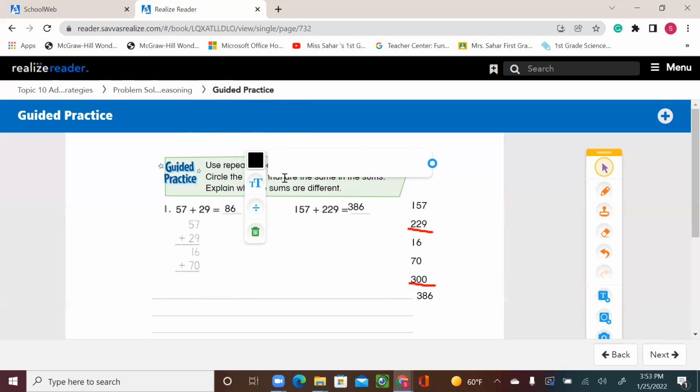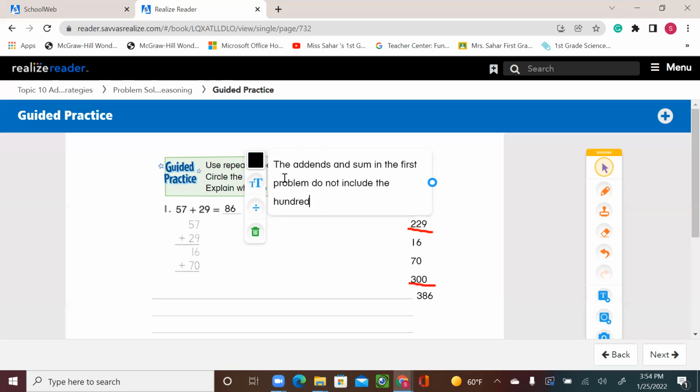We will say that the addends and sum in the first problem only include the tens and the ones.